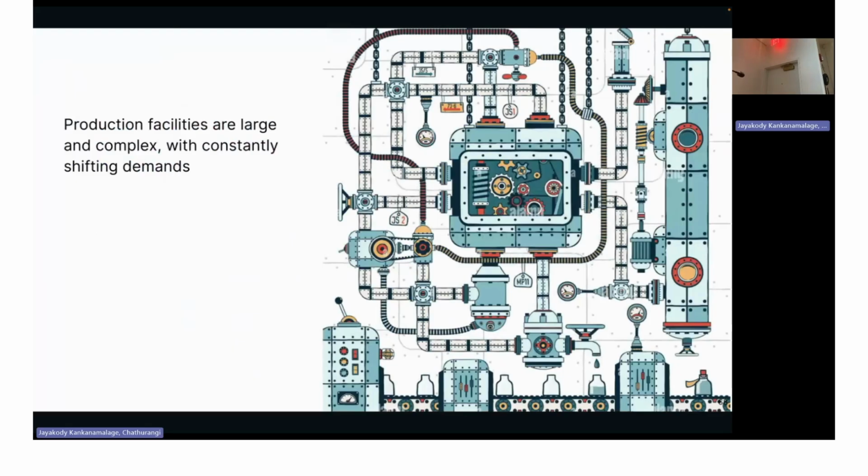But the issue is that these production facilities are very large and complex, and they're set in their ways. So getting them to actually use new technologies is quite difficult. But it's also the reality that the demands within these manufacturing lines are shifting constantly. When COVID happened, a lot of these manufacturing lines shut down because people stopped buying stuff, so there was nothing to produce. But that's not exactly true.